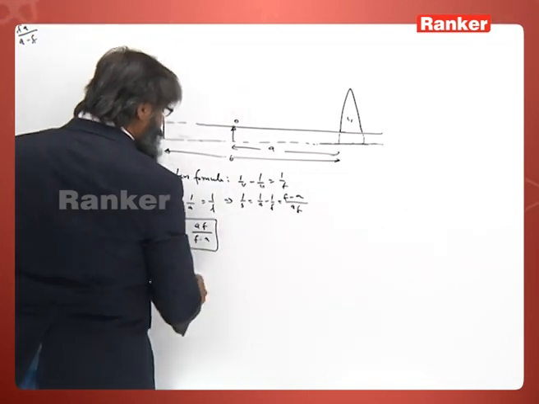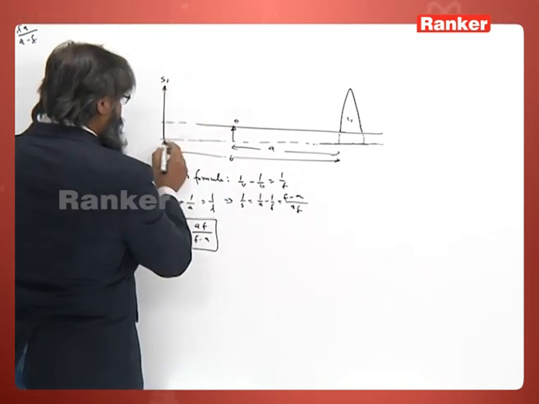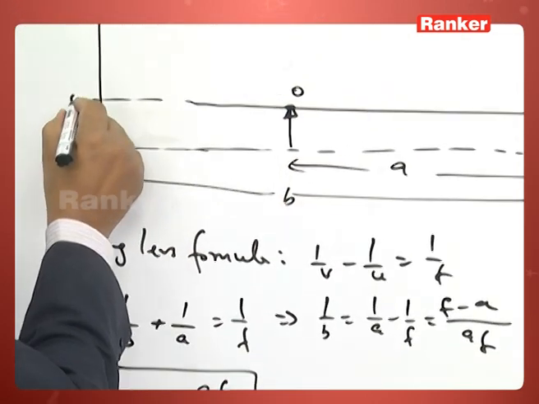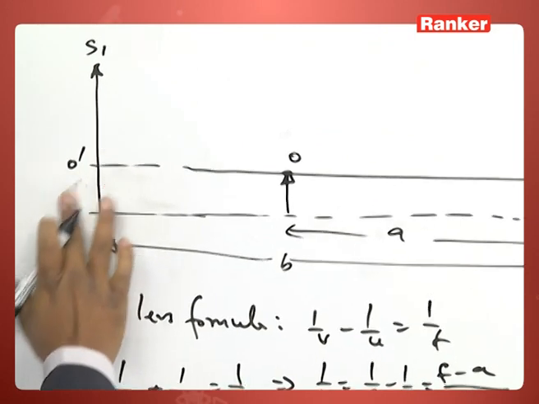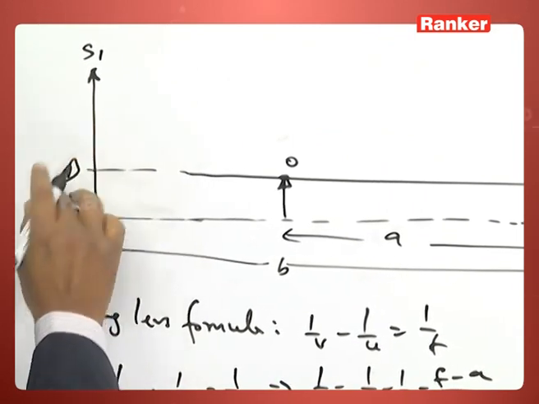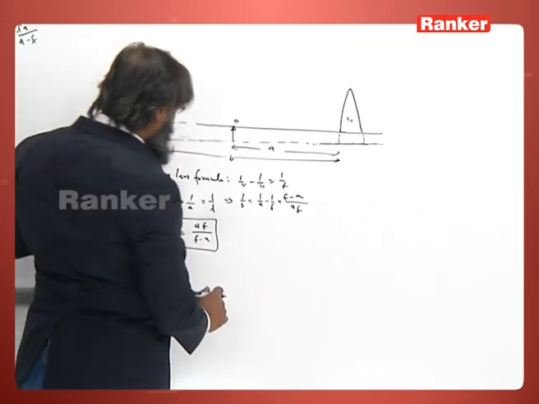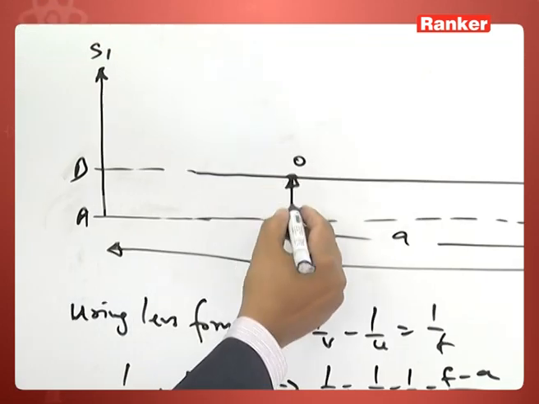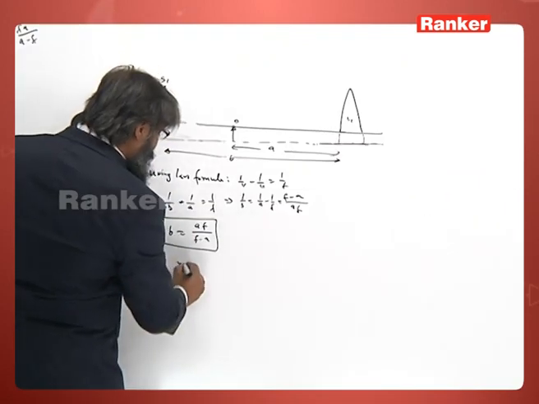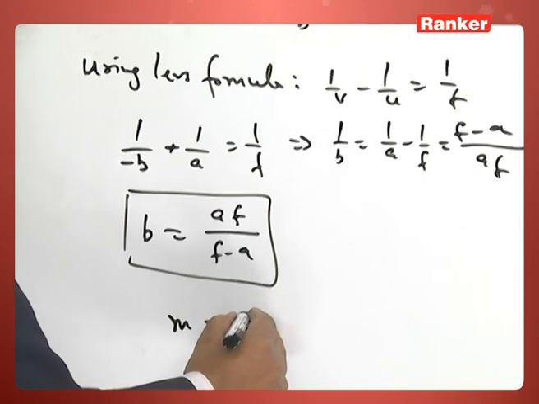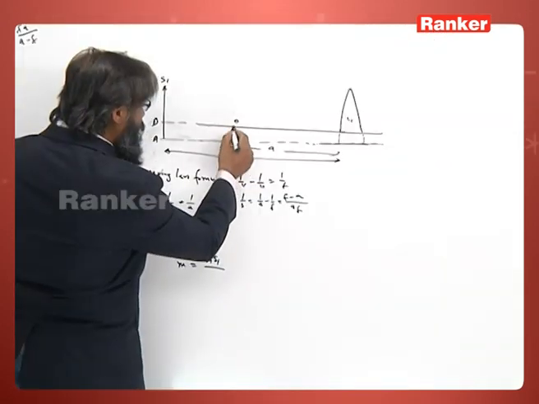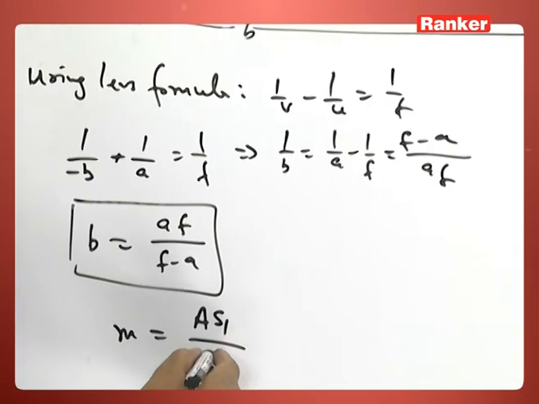Now, using magnification, suppose I call this point O dash, let us call it, and this is O. I call the distances A and B. So magnification is equal to A S1 by this distance, which is D by 2.